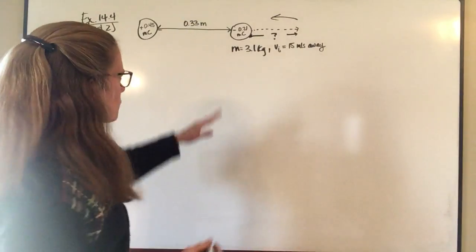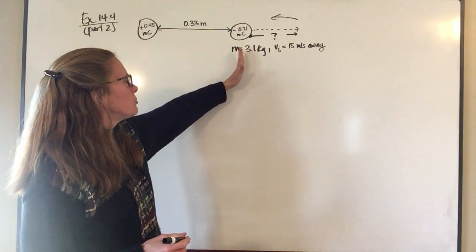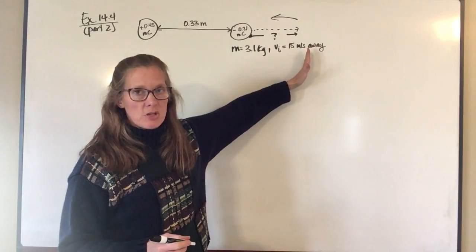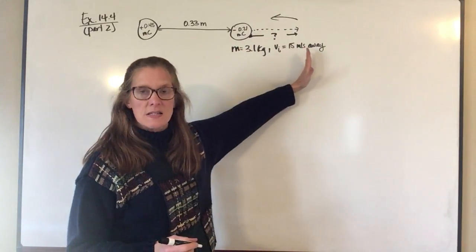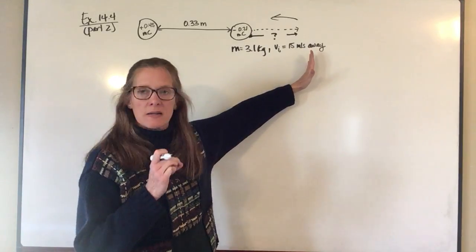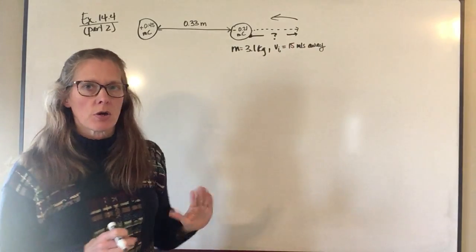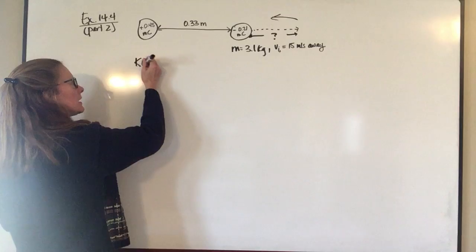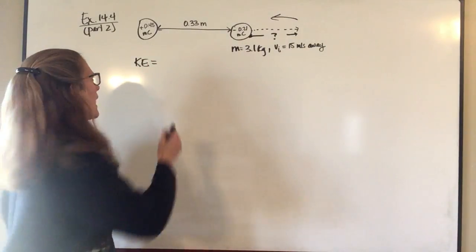Okay, so we know that this kinetic energy is going to be transformed strictly into potential energy once it gets out here, because the kinetic energy is going to go away. When it gets out here, I'm not going to have any kinetic energy left because it has to stop in order to turn around and go the other direction. So I can start out by calculating the amount of kinetic energy that my particle has.